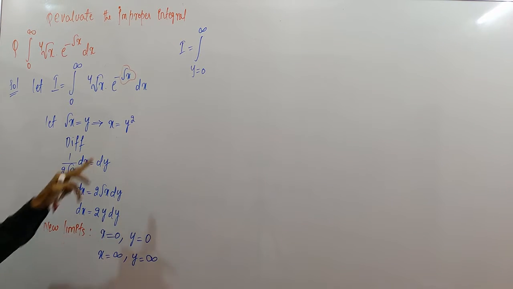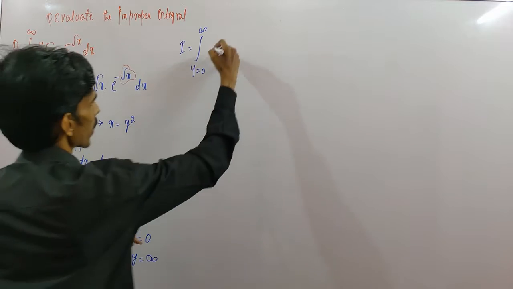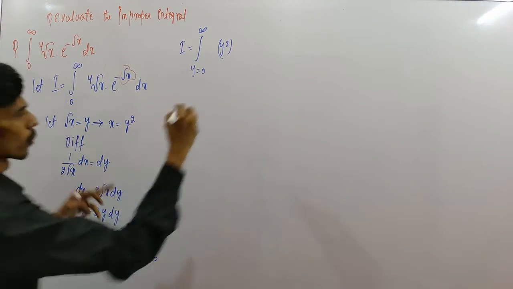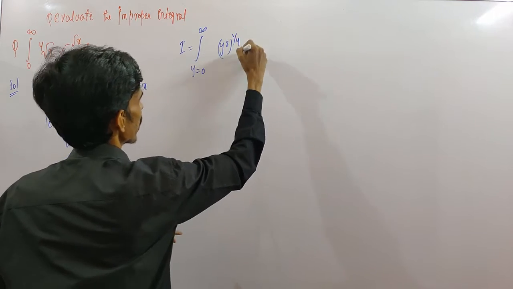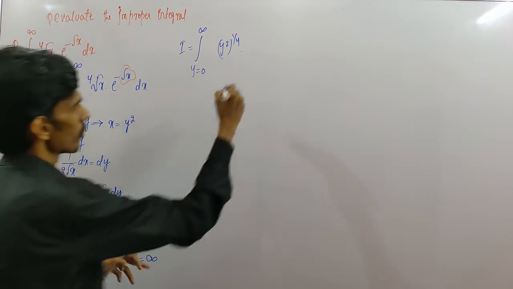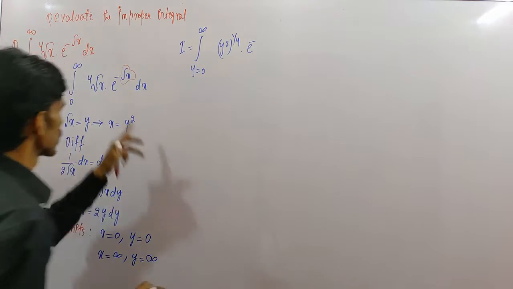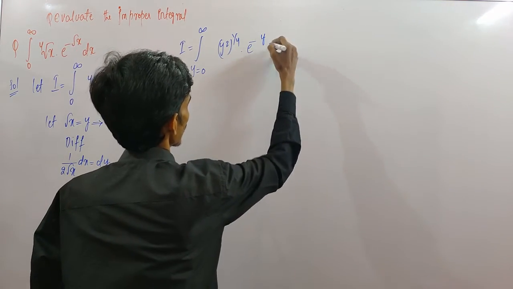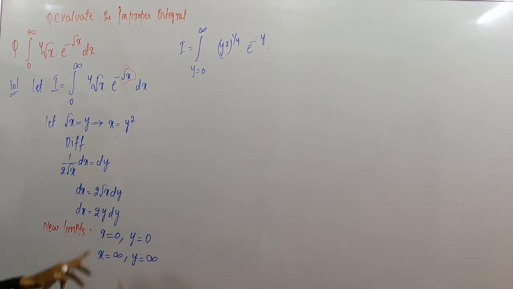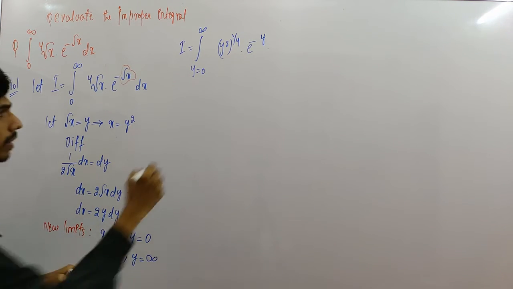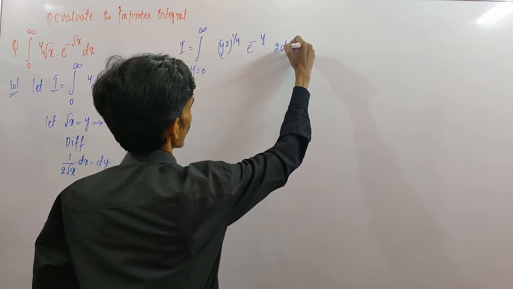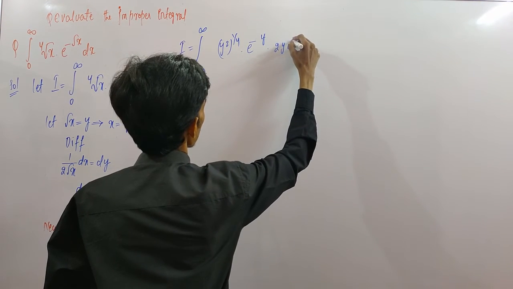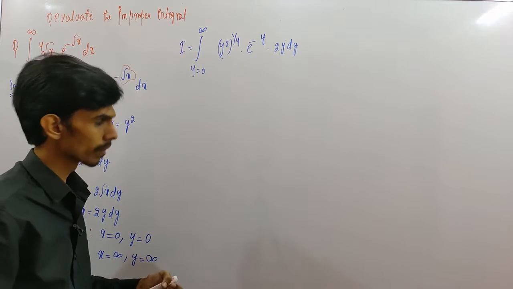The value of x is y square, so y square whole power of 1 by 4 into e power of minus root x, root x value is taken as y, into dx, dx value we have 2y dy.